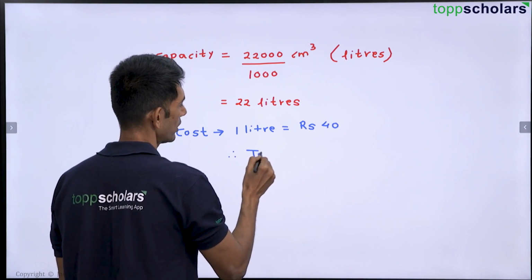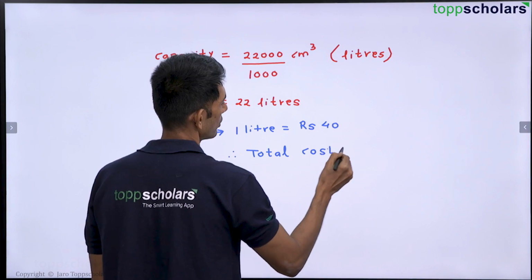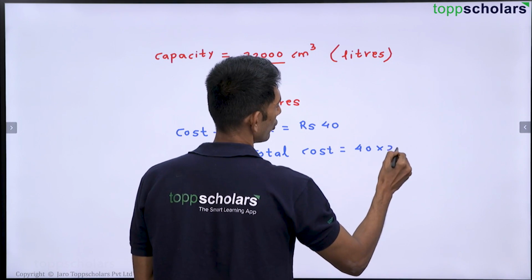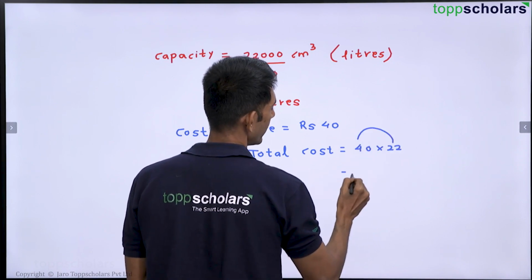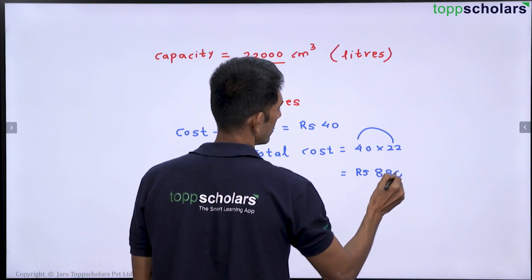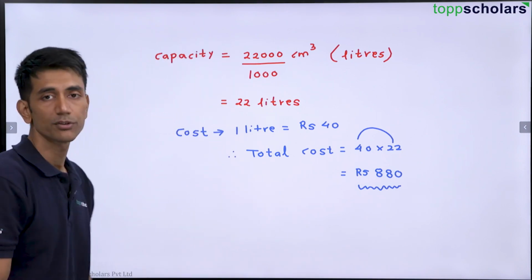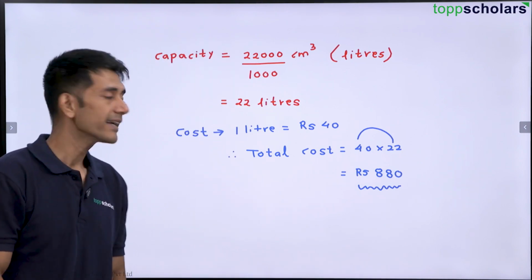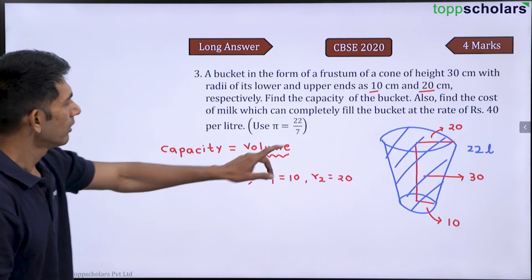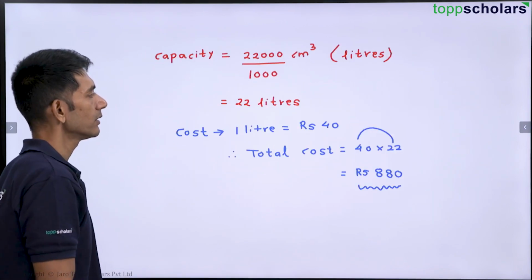Therefore, the total cost is going to be 40 into 22. 22 fours are 88. Rupees 880. I hope this is clear to all of you. Rupees 880 is the cost to fill the bucket at the rate of 40 rupees per liter. Perfect, easy question. So here is a new question.